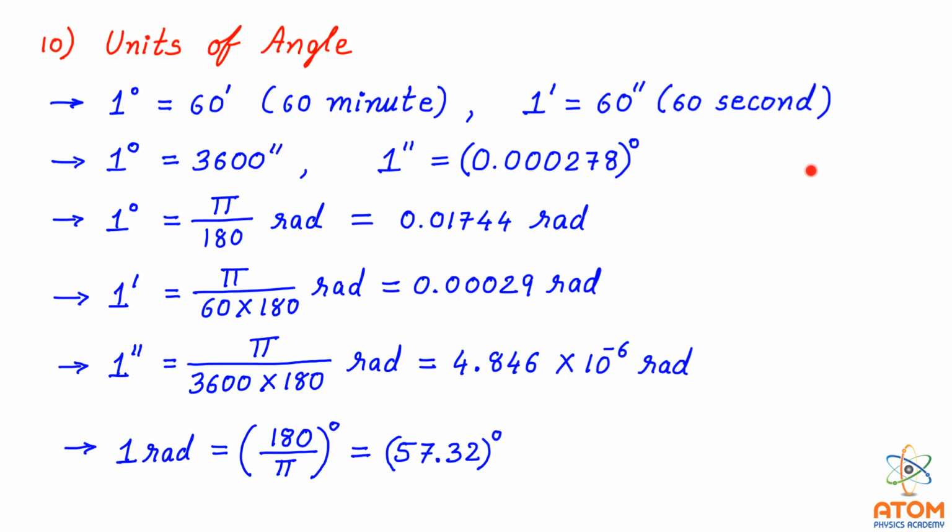Mind well, here this minute and second are not for time. We are talking about angles here. But in the clock you might have seen that when the second hand completes one turn, it becomes 60 second. At that time, 1 minute is passed. So 60 second is 1 minute.